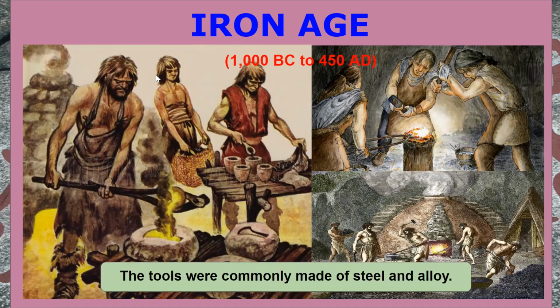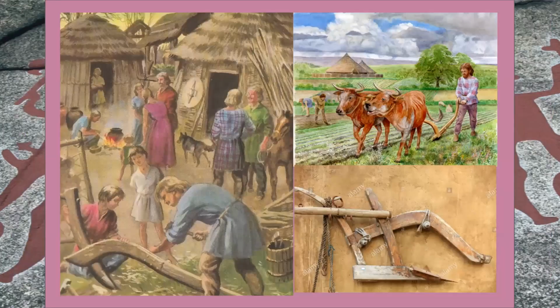Tools were commonly made of steel and alloy during this time. People cleared the land using iron axes. Most people were farmers who used a variety of iron tools in tilling the land.